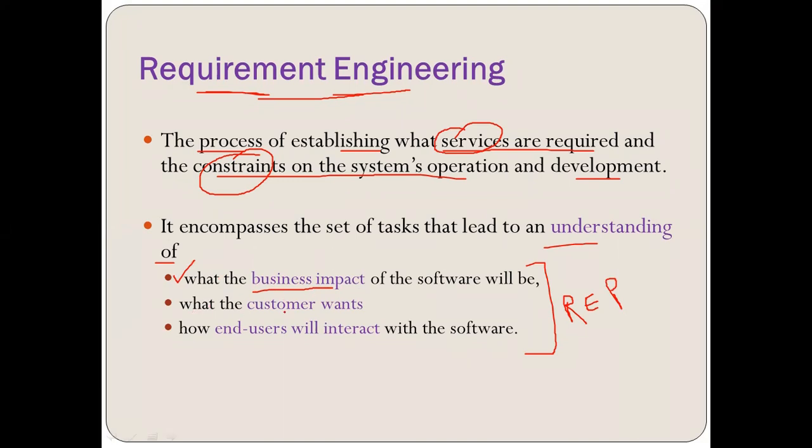Second, what the customer wants, whatever the need of the customer is. Next, how the end user will interact with the software, that means how the end user wants the software to be operated. So these are the three major sets of tasks encompassed in this process.